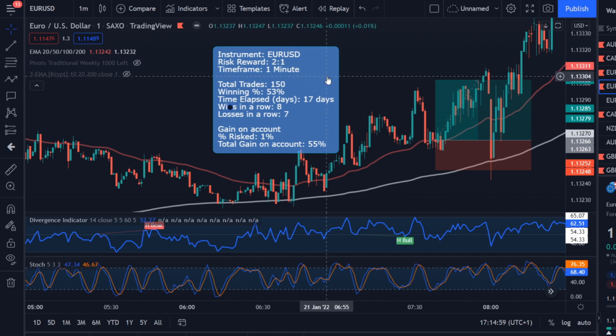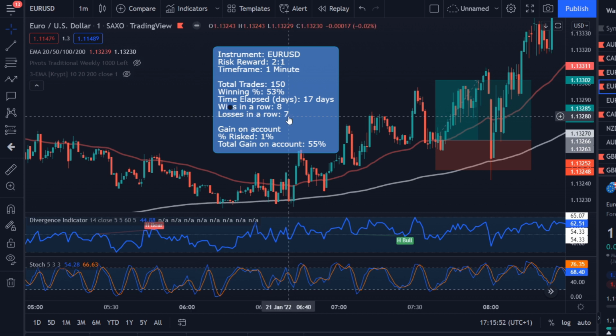I risk 1% to make 2%, and I've tested the strategy on the 1 minute time frame. I took 150 trades, and the winning percentage is 53%. It took me 17 days, and we had 8 wins in a row, but also 7 losses in a row.